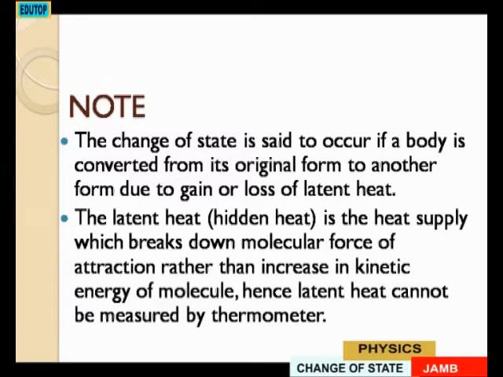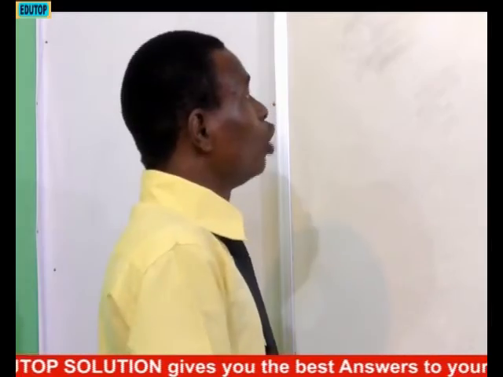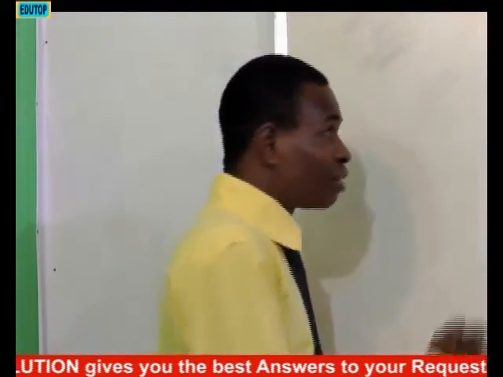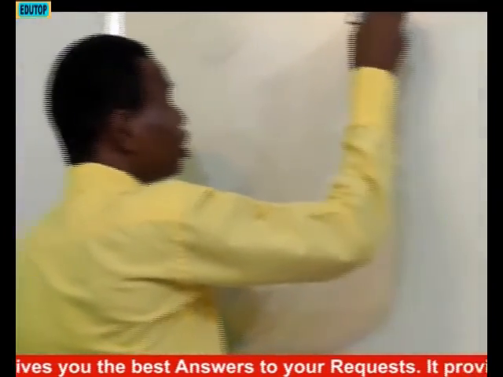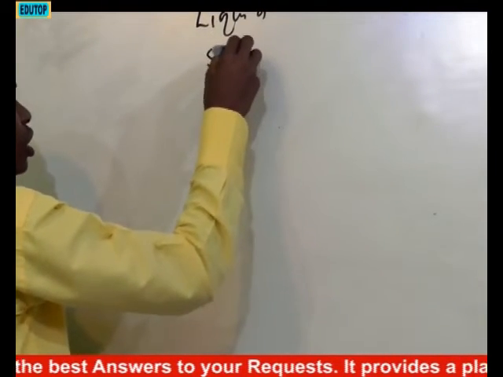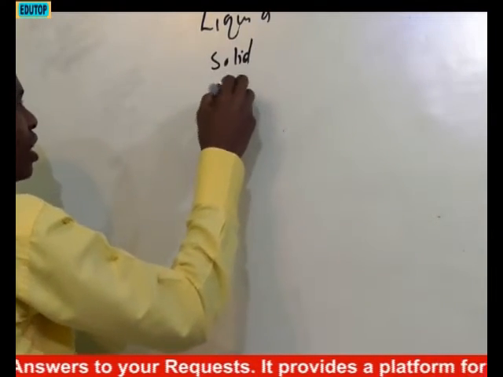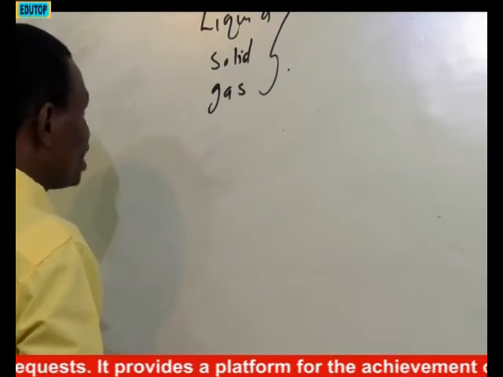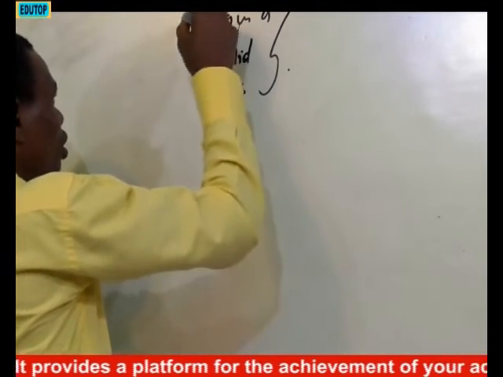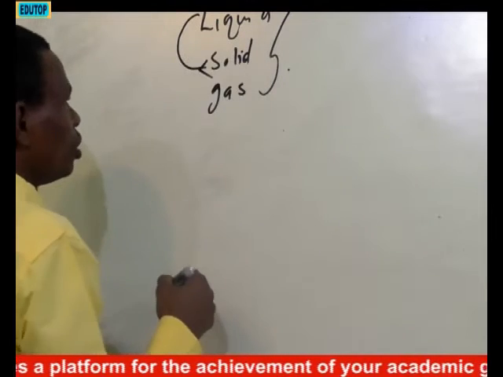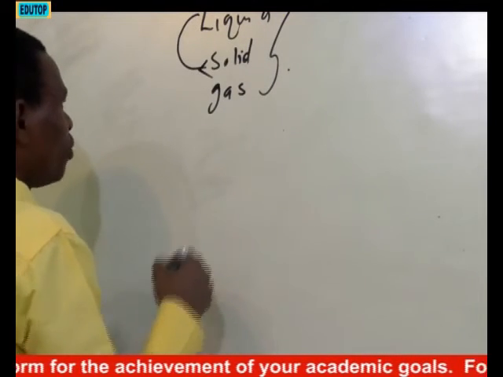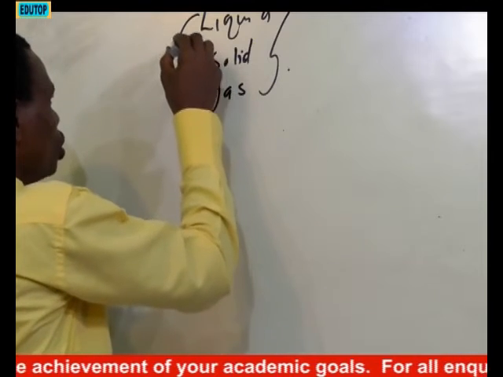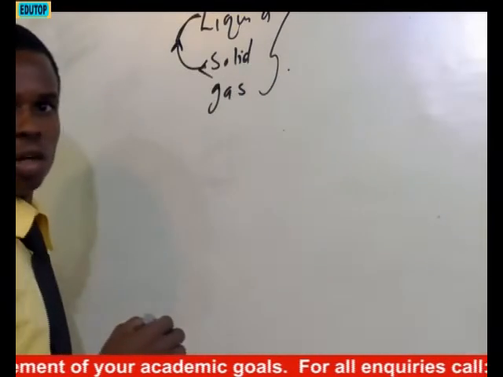If we try to expatiate further, you know we have the three states of matter, which are liquid, solid, and gas. So the change of state we are talking about is that it is possible for a liquid to change to solid, and it is also possible for a solid to change back to liquid.